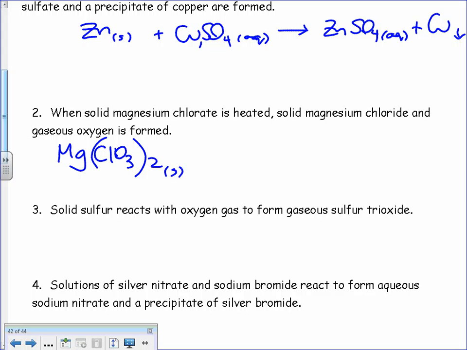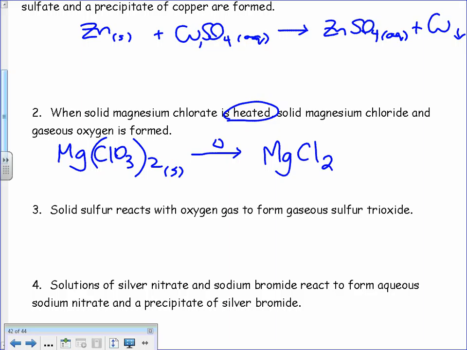And a little s. And then what do I write now? Yeah, the yield symbol. And with the yield symbol, it says it's heated, so that heated notation is triangle, okay? Then it says solid magnesium chloride and gaseous oxygen is formed. So it's solid magnesium chloride. MgCl, and that 2 is coming from magnesium's charge.